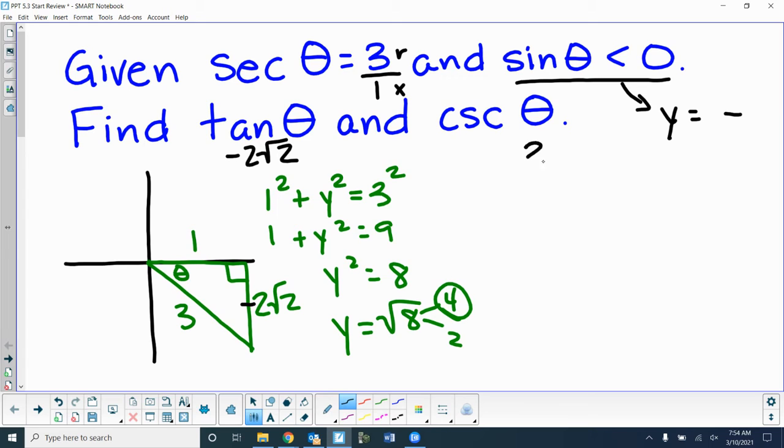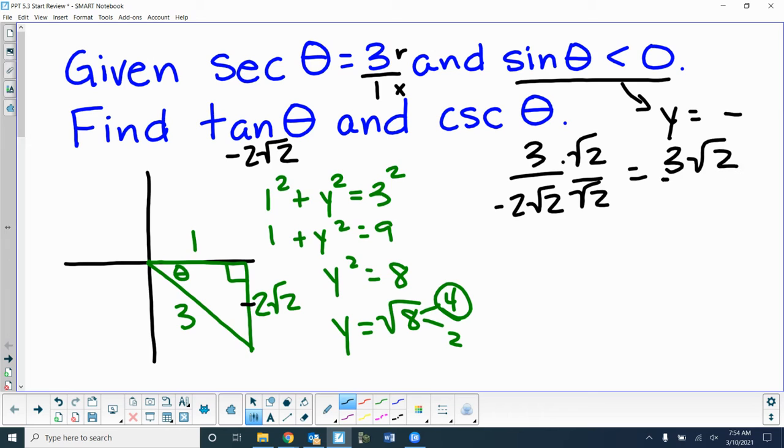So 3 over negative 2 radical 2. So then we've got to rationalize. So that's 3 radical 2 over, what does this become? Radical 2 times radical 2 is 2. But it's a negative 2 times that, so that's a negative 4.